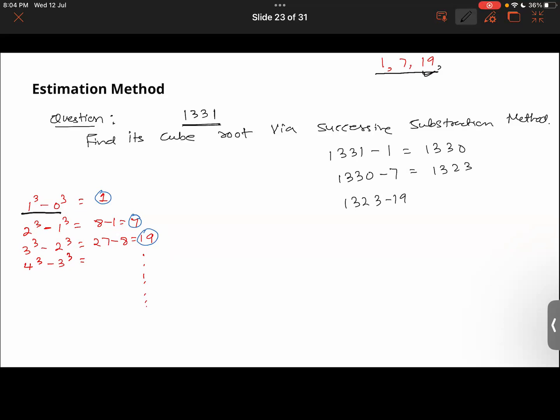Using this pattern here: 1 cube minus 0 cube, 2 cube minus 1 cube, 3 cube minus 2 cube, 4 cube minus 3 cube. So it's 64 minus 27, that is 37, right? Similarly, you can find it out like this. So it's 125 minus 64, that is how much? 61. Then you had 91, then you had 127, using this pattern here. So what other numbers did you find out? Do tell me.